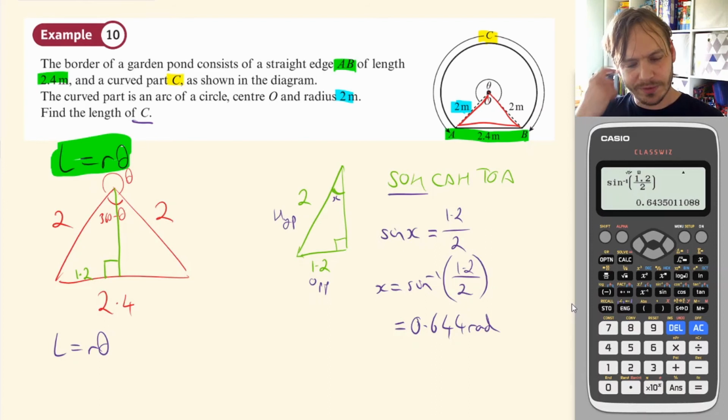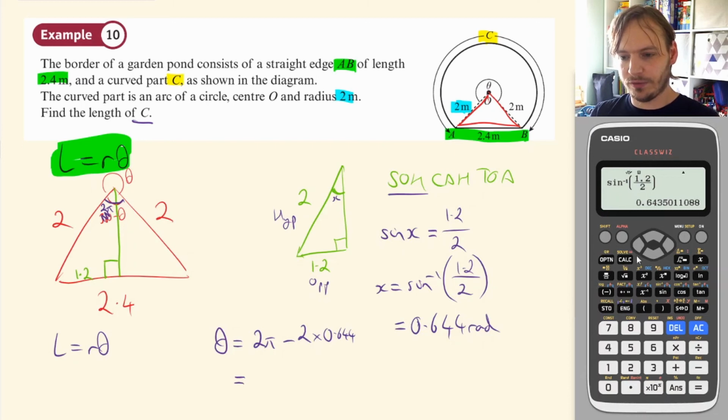Now hold on, that's not theta, is it? So theta is not 360, talking rubbish, 2 pi minus, and then not just one of these x's, but 2 of them. So 2 lots of 0.644.